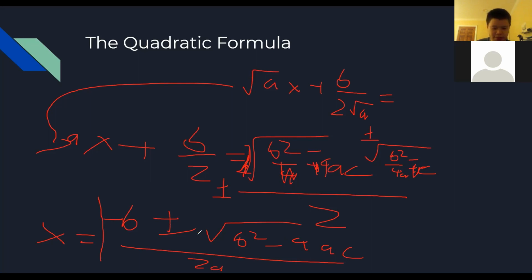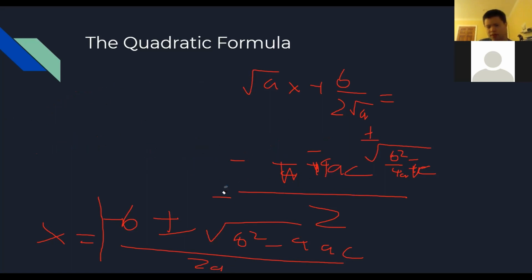Negative b plus minus square root b squared minus 4ac over 2a. No, I calculated f wrong. F should have been e squared minus c, which is how I flip this sign here. It should be minus c.